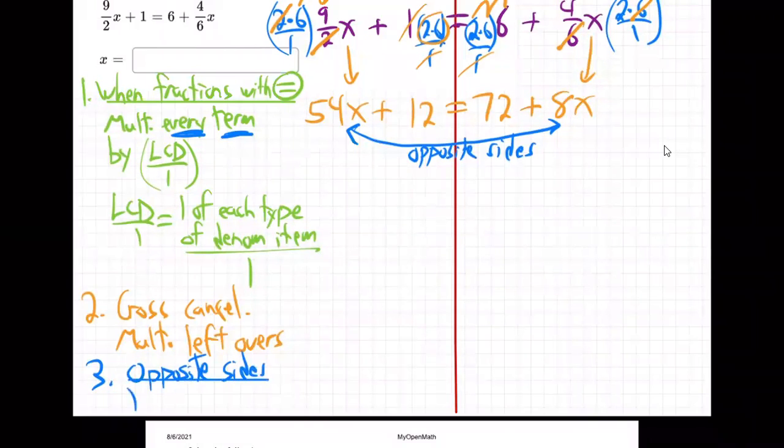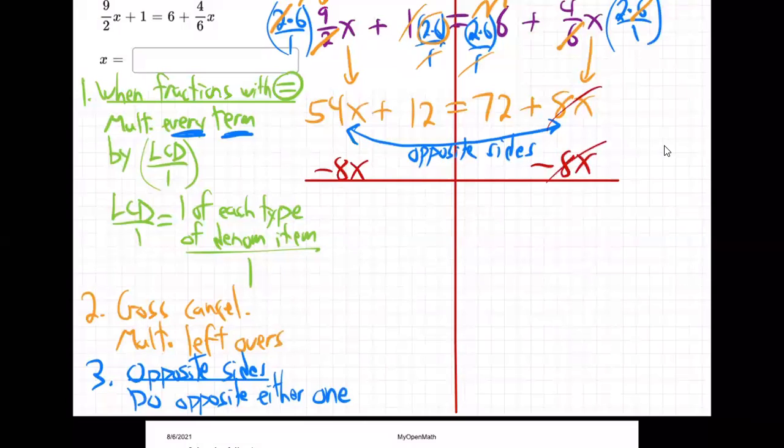Opposite sides, do the opposite, right? Do the opposite of either one, and you do it to both sides. So do the opposite, either one, it doesn't really matter. So I'll come in here. I'm going to do the opposite of the 8x, minus 8x, and I'm going to do it to both sides, right?